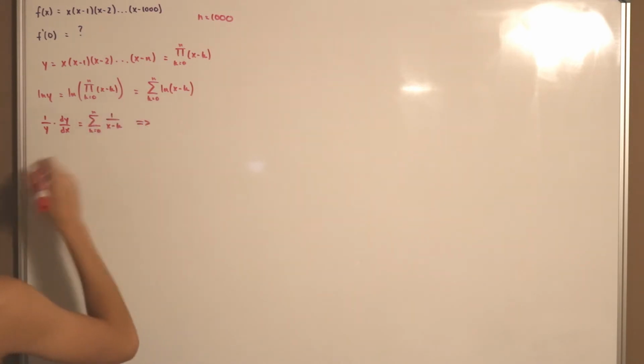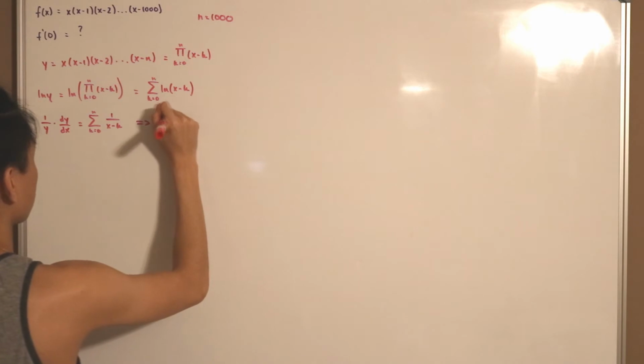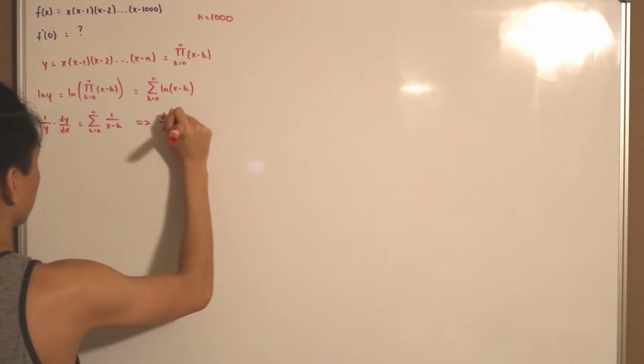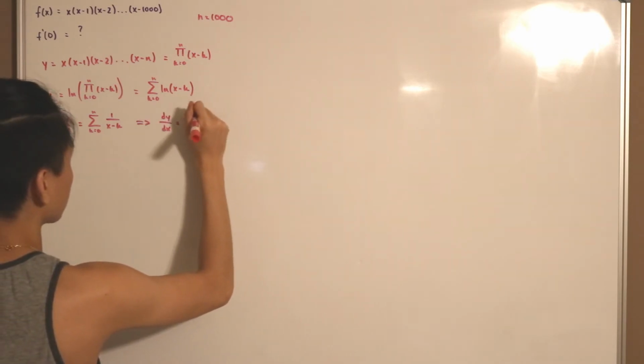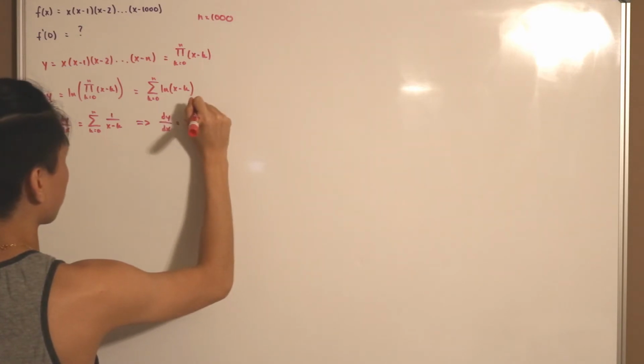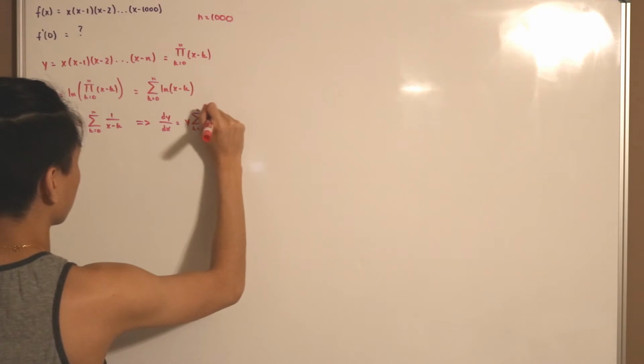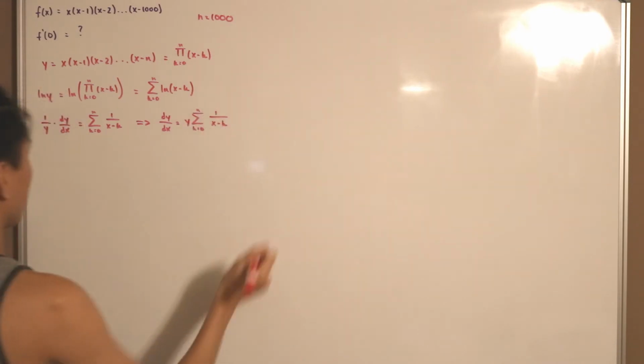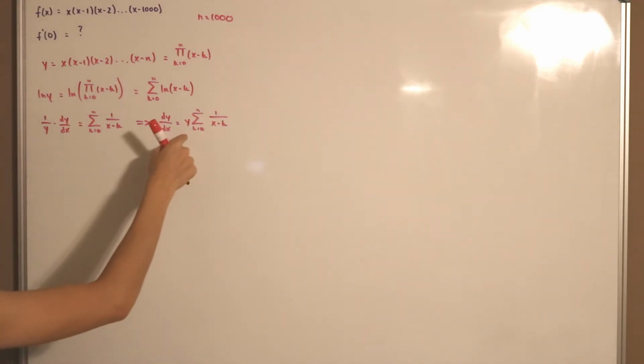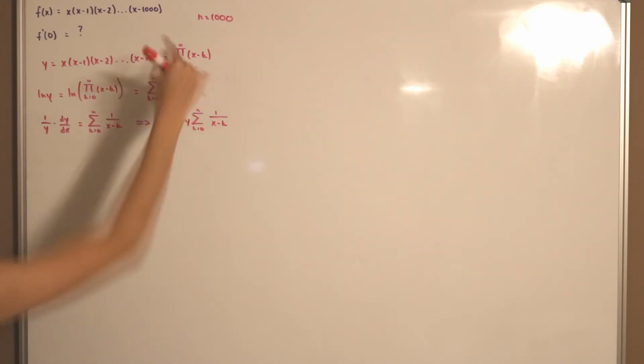Then I can multiply the y to both sides, so we get dy dx equal to y times the summation of the same 1 over x minus k. And then we can substitute y for our product series right here.